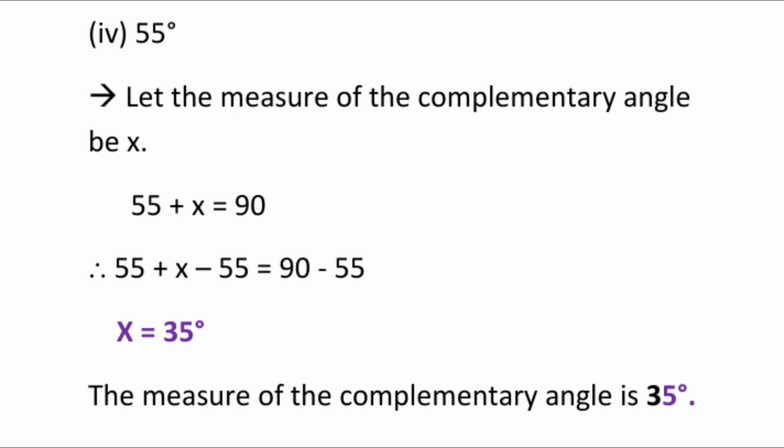Fourth one, 55 degrees is the measurement. Then let the measurement of the complementary angle be x. Then 55 plus x is equal to 90. Subtracting 55 from both the sides, we have x is equal to 35 degrees. The measure of the complementary angle is 35 degrees.